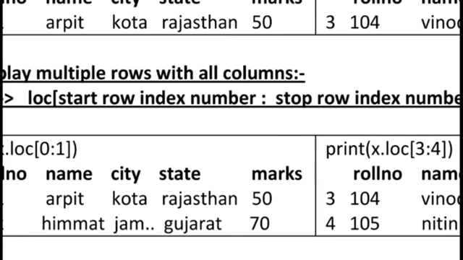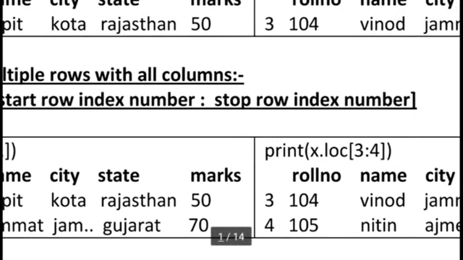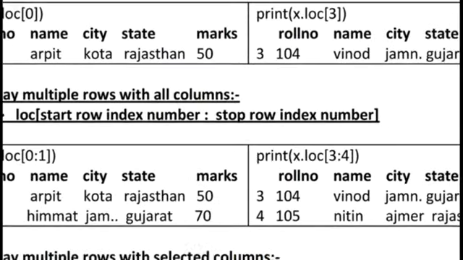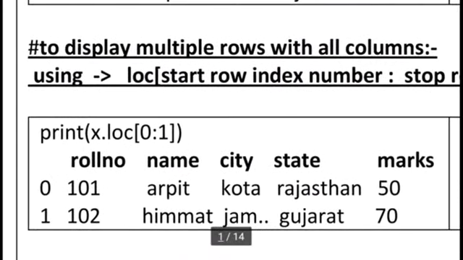But here is a new thing: the stop value is exactly covered, it is included, never one less. So keep in mind, here I am using x dot loc square bracket 0 colon 1. So the 0th row comes and also the first row, 102 Himmat, Jamnagar, Gujarat, 70, comes. Here it is not one less.